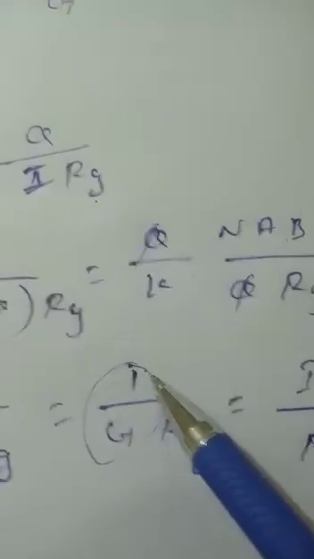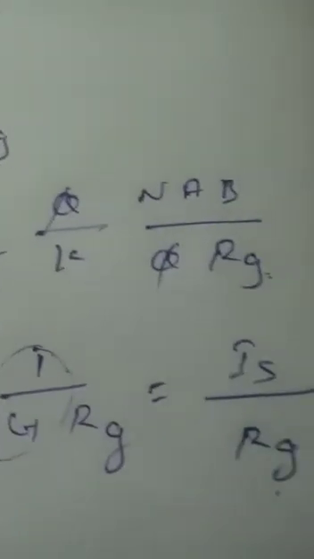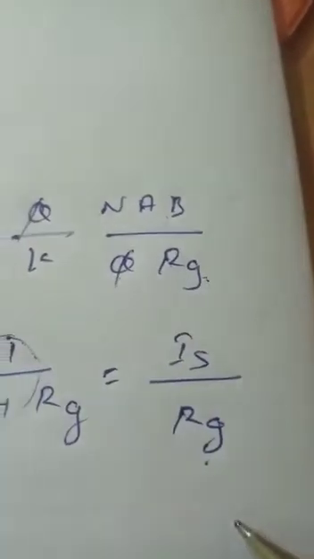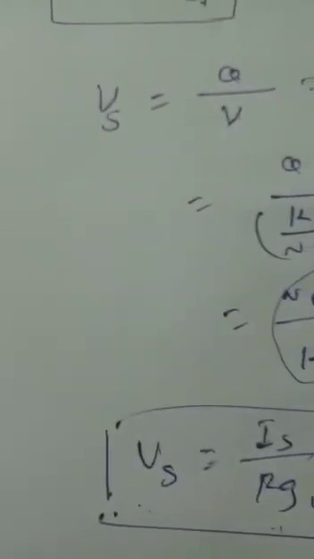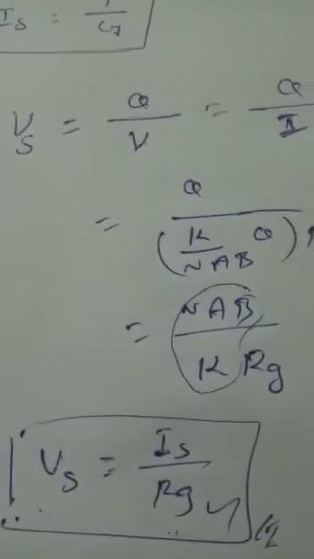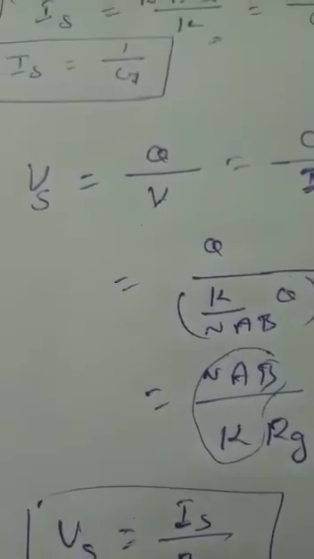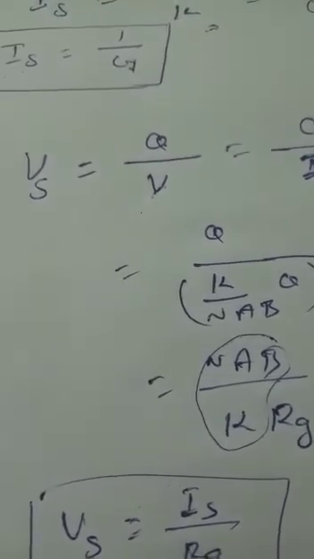This 1 by G is nothing but the current sensitivity Is. So voltage sensitivity Vs is equal to Is by Rg, where Rg is the resistance of the Gauss meter.